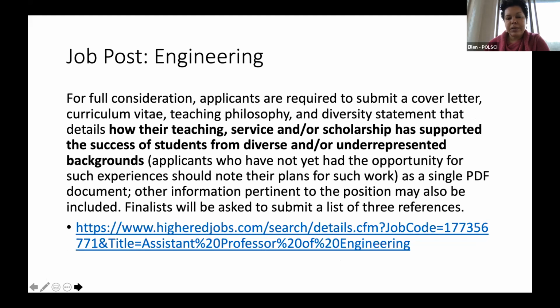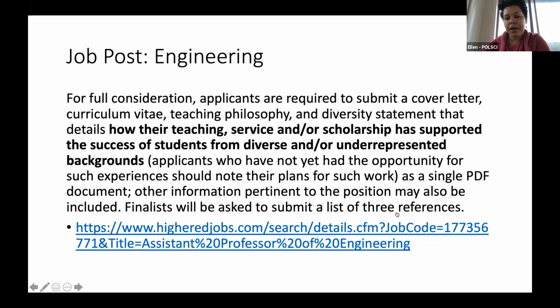So in this position, you are sending a diversity statement, and in this diversity statement, they are giving you the option to show how your teaching, service, or scholarship is supporting success of students from diverse or underrepresented backgrounds.